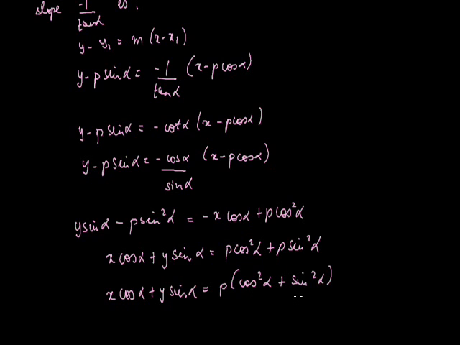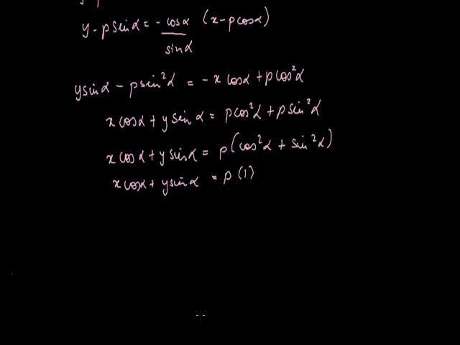I know that cos square alpha plus sin square alpha for any angle alpha gives me 1 as the answer. So I get p into 1 over here. x cos alpha plus y sin alpha is equal to p into 1. Finally, my equation becomes x cos alpha plus y sin alpha is equal to p.